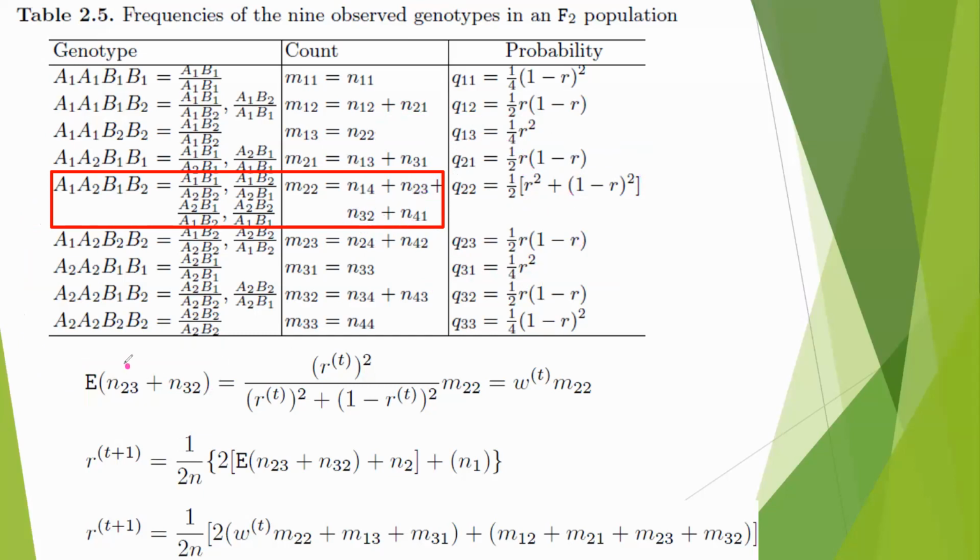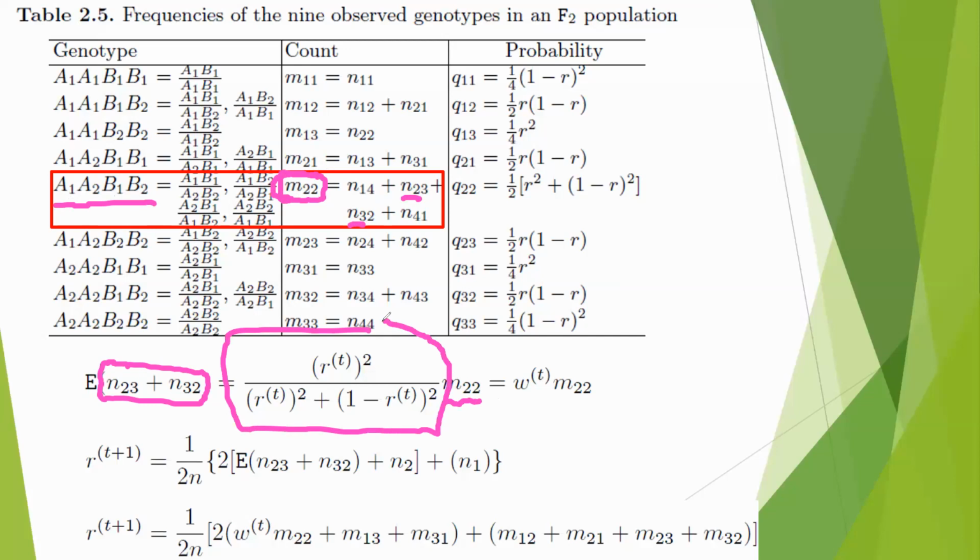Then if we want to calculate this value, this is the total number of progeny observed in this category, right? So what's the fraction of this M22 that represents these two categories? That's the fraction. This is the denominator, and this part represents the recombinant in the numerator. So is that clear?